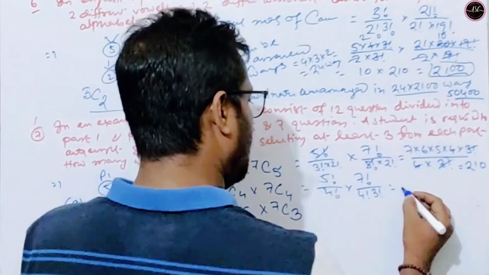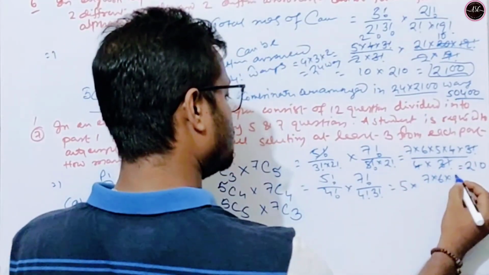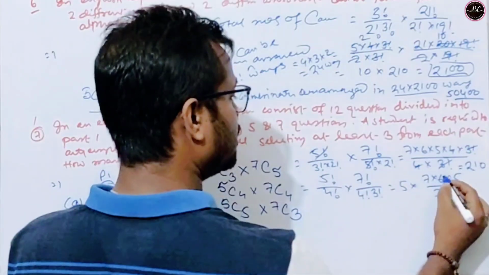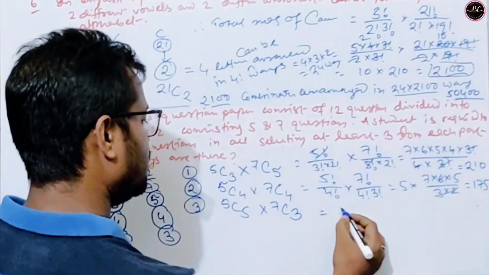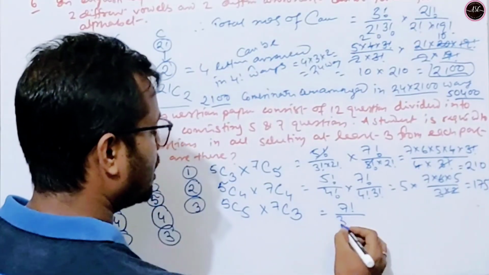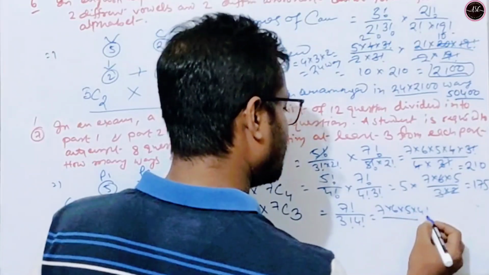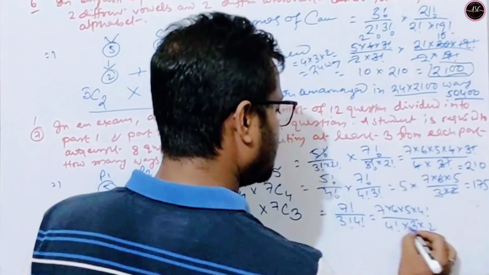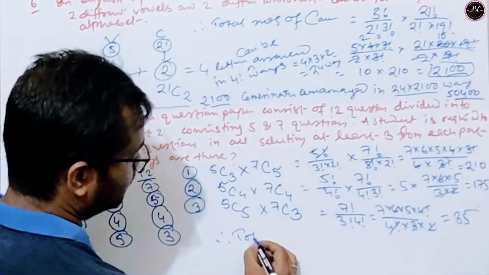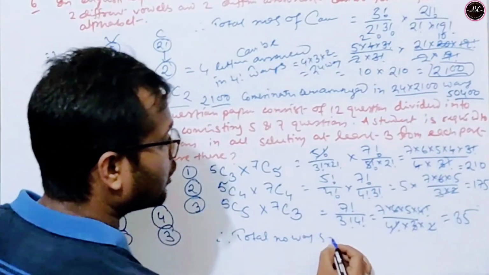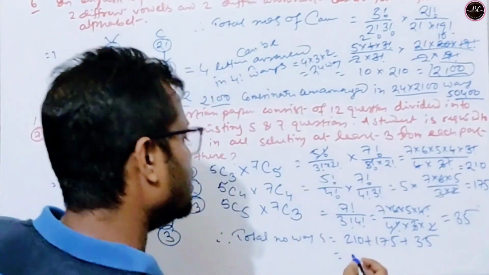Therefore we have here 5, and here 7 into 6 into 5 divided by 3 into 2, 6 will be cancelled out, 175, and here will be 1 into 7 factorial divided by 3 factorial into 4 factorial, that means 7 into 6 into 5 into 4 factorial divided by 4 factorial into 3 into 2, then 4 will be cancelled out, and 3, 2 will be cancelled out, giving 35. Therefore the total number of ways equals 210 plus 175 plus 35. Just adding this we get 420 ways.